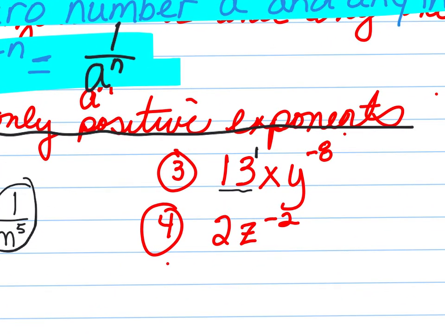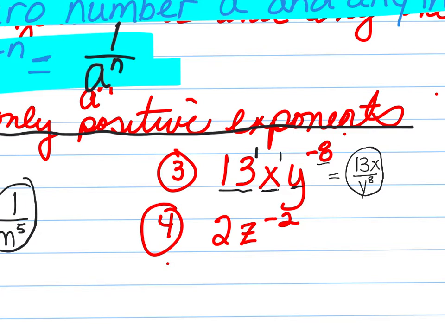What is the exponent with x? And the exponent with y is negative 8. Which one is the only one that needs to move? The y to the negative 8th power. So 13 and x stay in the numerator. We drop the y to the denominator, and it's y to the 8th power.